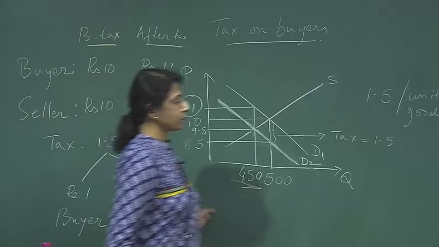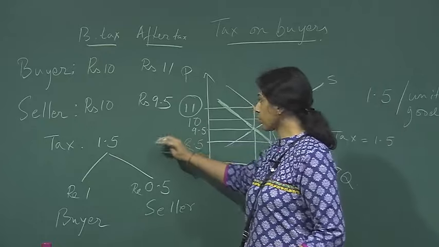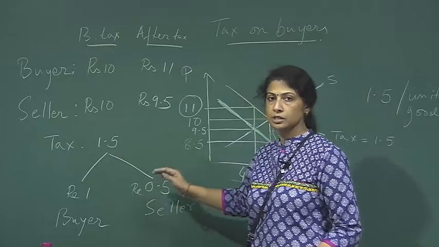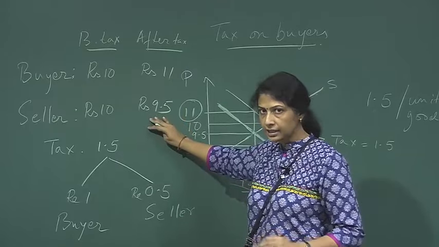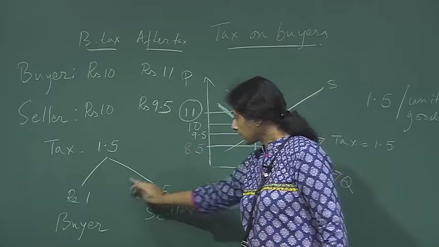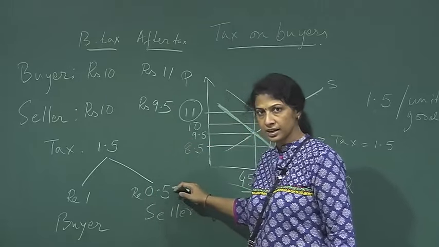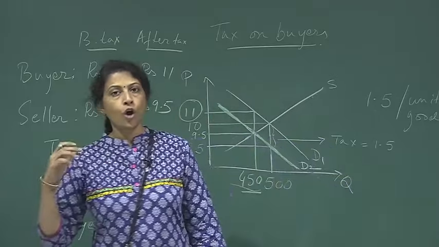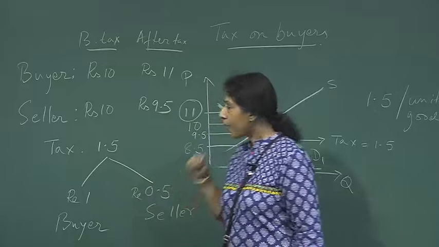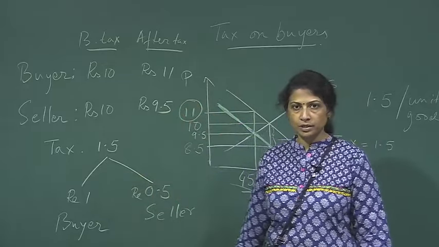The seller ends up selling the product at a lower price. He was earlier getting 10 rupees, now he ends up getting 9.5. So, this is the amount of the tax incidence on the seller, even though a tax of 1.5 has been imposed on the buyer. The buyer ends up paying only 1 rupee extra, not 1.5 rupees extra.